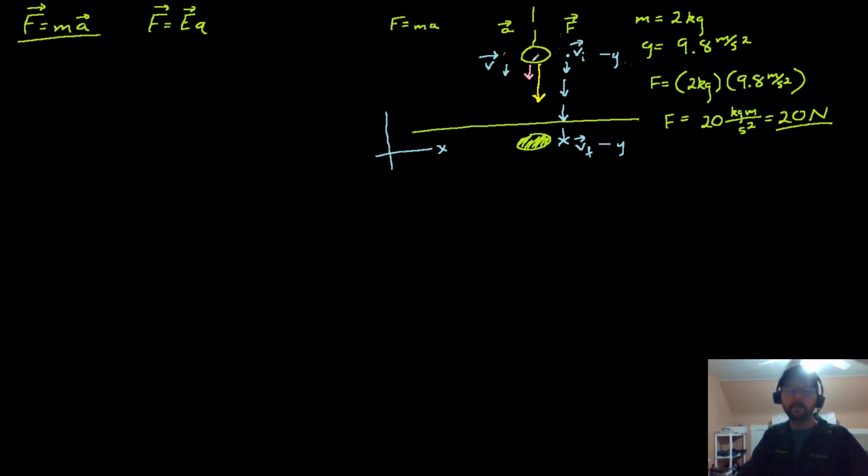So this will be min. So this would probably be 0. This would be max. And this would be the positive y direction. And I think that's pretty much it.